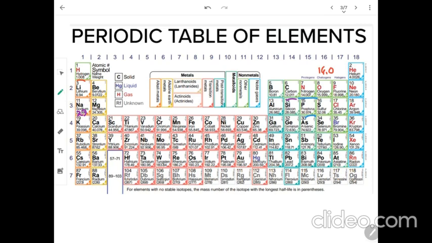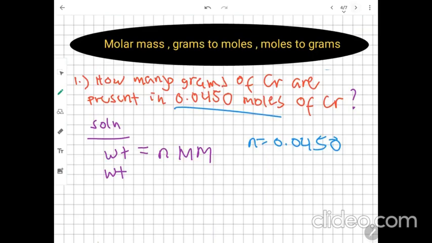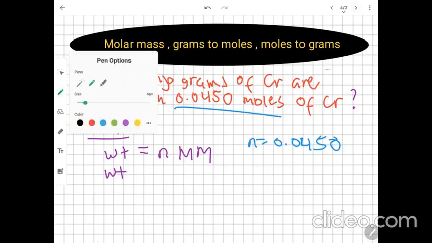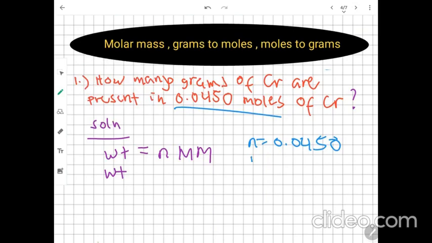So let's locate this Cr. Okay, I found it. Here we have 51.996. So here our molar mass is 51.996, and the unit for molar mass is grams per mole. And for this 0.0450, the unit is moles, right?